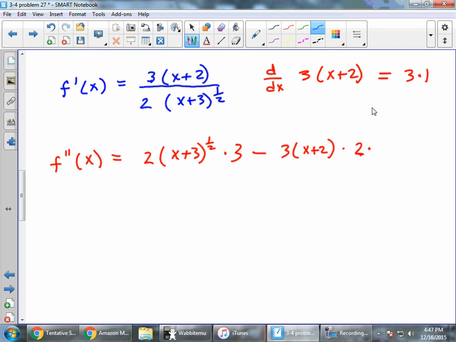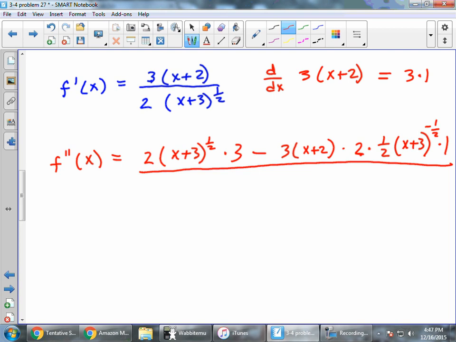So then we'll have, back here now, 2 times the coefficient 1/2 times whatever's on the inside, x plus 3 to the negative 1/2. And then it's going to be times 1, but we don't see that just because it's x here. So that's nice. And then all over the denominator, 2 times x plus 3 to the 1/2, all of that squared.